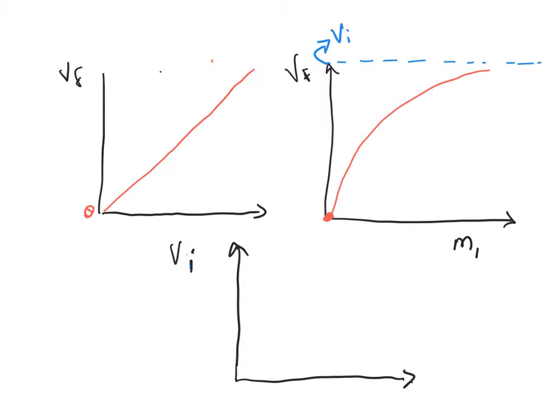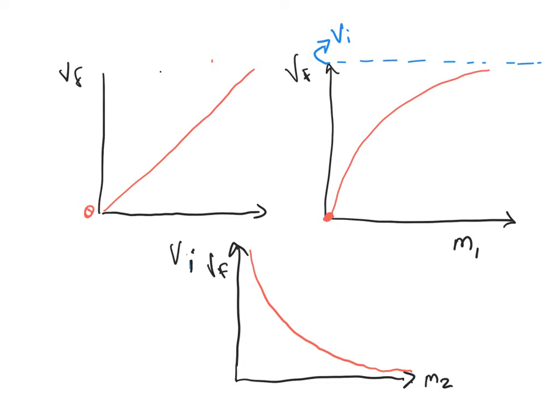Let's go ahead and make our third graph where we have our dependent variable, the final velocity, on the y-axis where it belongs, and our independent variable, the mass of the second cart, where it belongs. And in this case, we should have seen a decreasing or almost inverse function between the mass of the second cart and the final velocity.